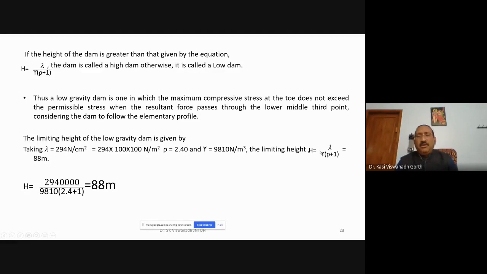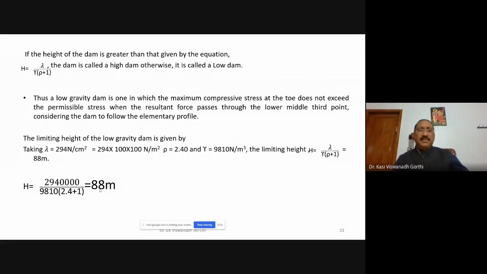Then the limiting height will be about 88 meters. So whenever you are using concrete having a permissible stress of 294 Newton per centimeter square, the limiting height for a low dam will be 88 meters, which means if the height of the dam is less than 88 meters, it is a low dam.